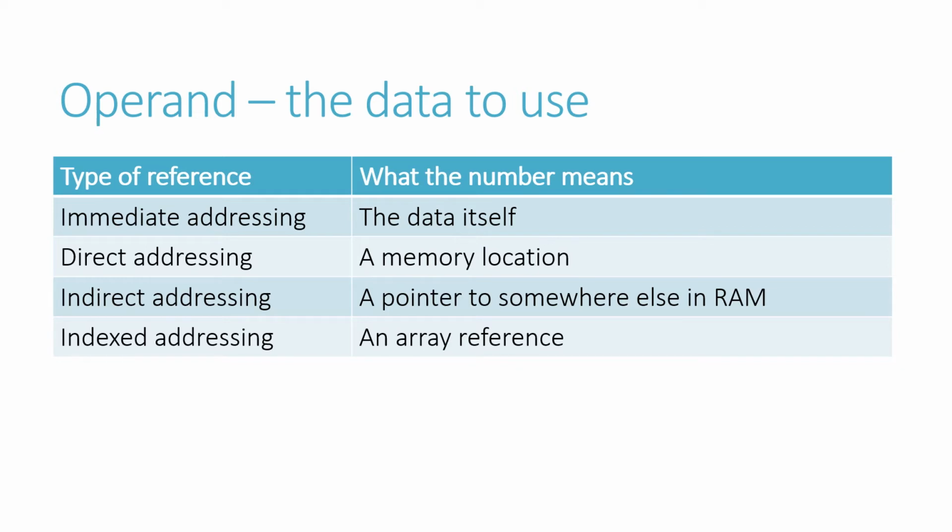You're probably familiar with that. That's what we do in LMC. In indirect addressing, the memory location doesn't include the data, it includes a pointer to somewhere else in memory where the data is stored. And in indexed addressing, we give the index number within an overall array.